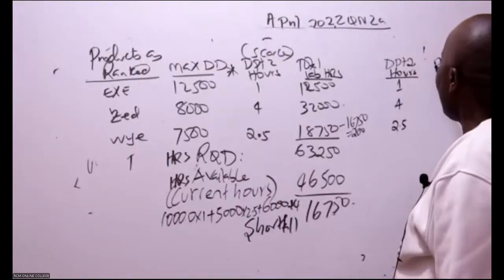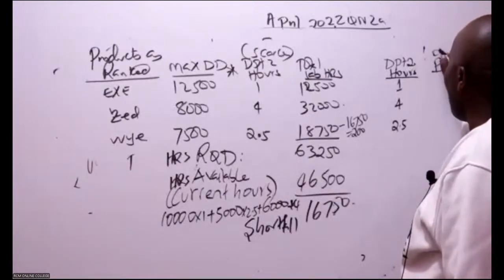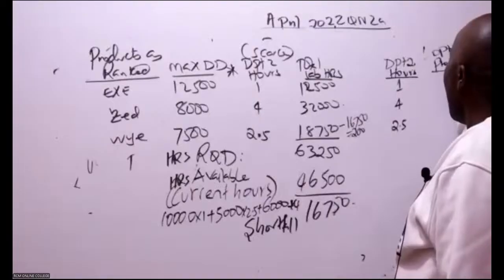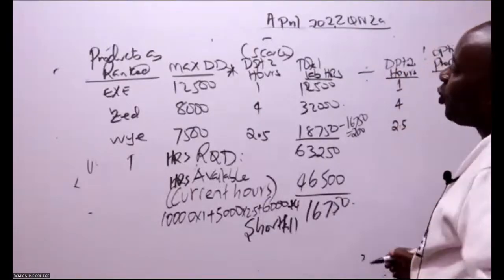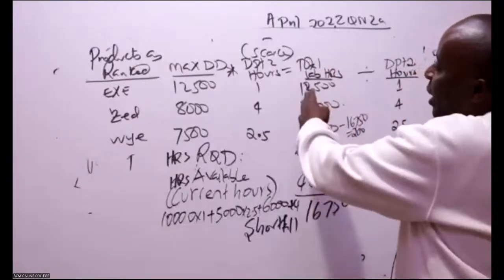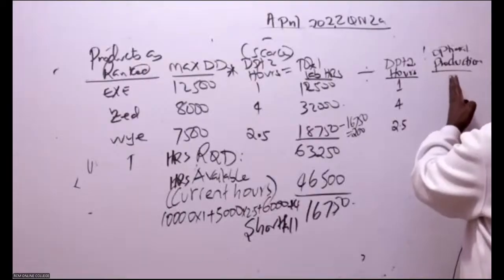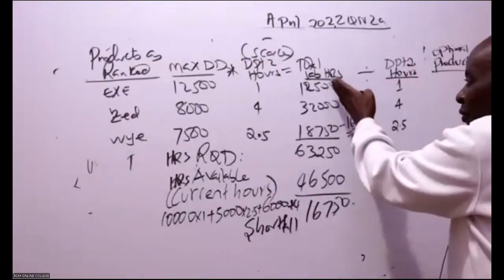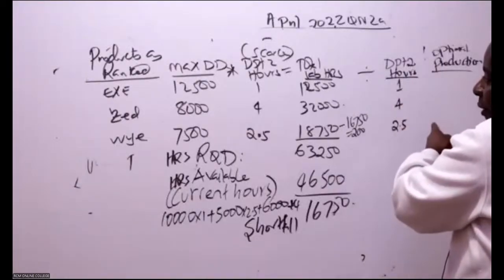And then to get the optimal production, now you do the abracadabra, you divide. To get these total hours, we multiplied. Now to get the optimal production, you take whatever you have as the total and divide by these labor hours.